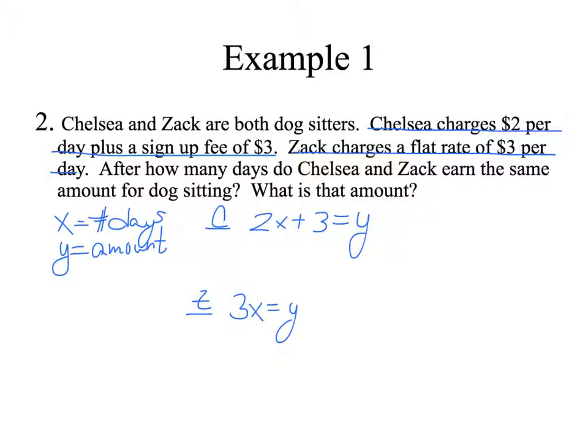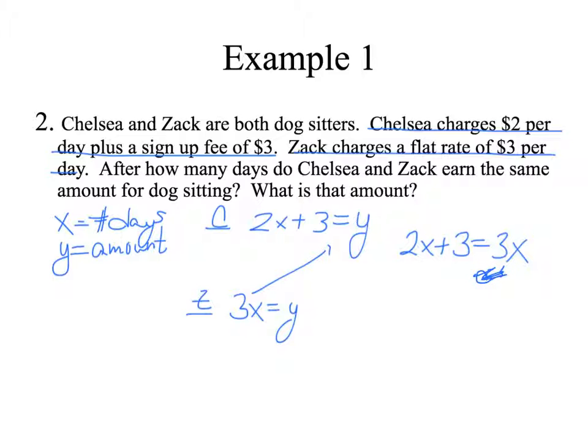I'm going to solve this using substitution, but you could use elimination if you would like. So 2x plus 3 equals, now instead of y, I'm going to plug in my 3x. So now I'm going to get my variables on the same side of the equation.